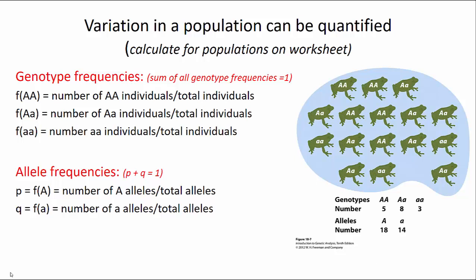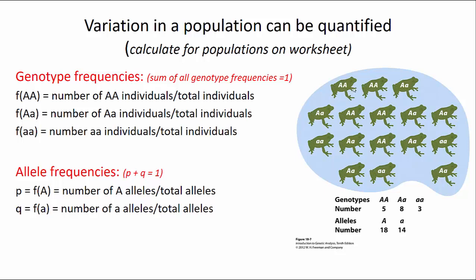There are two alleles in this population for the A gene: big A and little a. Each individual either has two of one, or could also be heterozygous. We can quantify the genotype frequencies by just counting up what the genotypes of individuals are.